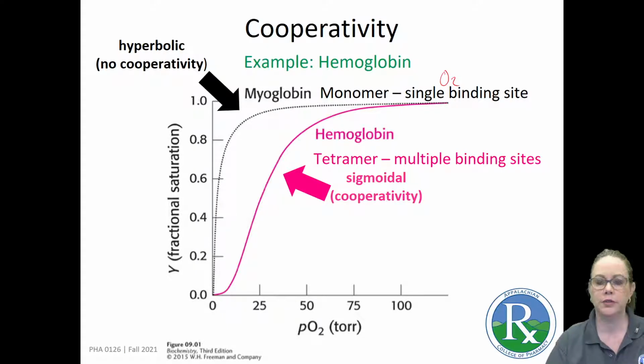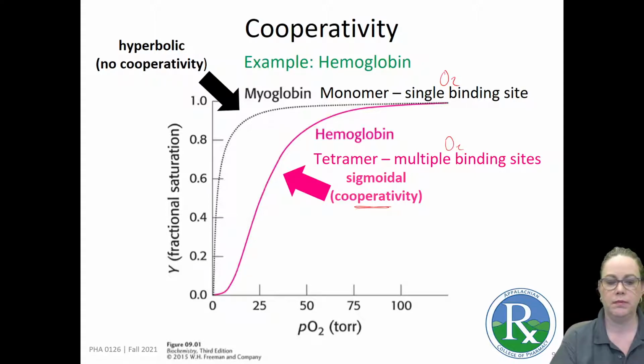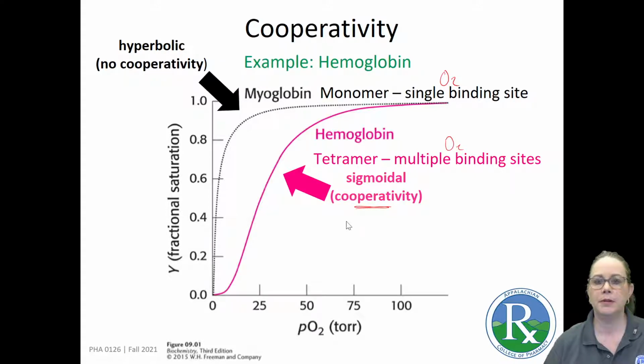It has multiple oxygen binding sites and has this sigmoidal, or S-shaped, curve in pink, because it exhibits cooperativity. So you should be able to distinguish between a protein that has cooperativity and one that doesn't based on the shape of their KD curves.